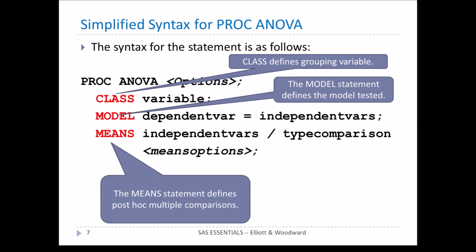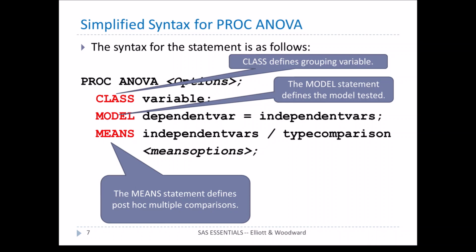All right, let's look at the simplified syntax for PROC ANOVA. It begins like most procedures in SAS, PROC ANOVA, followed by some options that we'll talk about in a minute. But then we have the class statement. The class statement defines the grouping variables. Now we've seen class statements before in PROC MEANS and some other places.